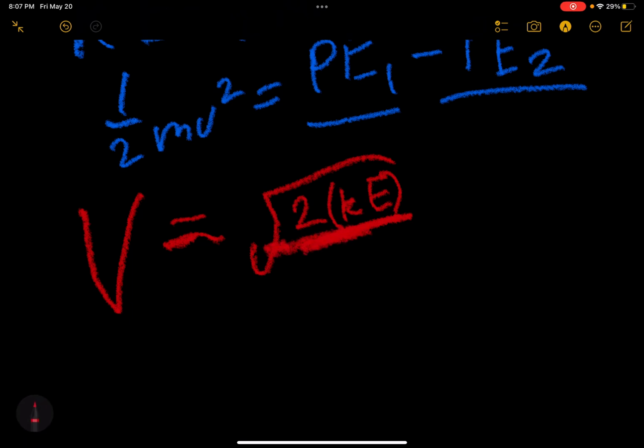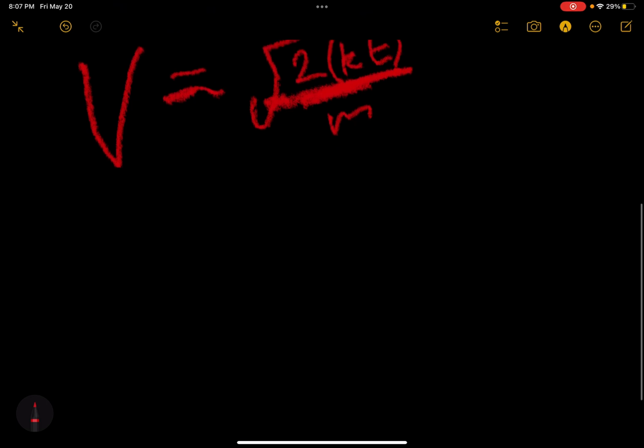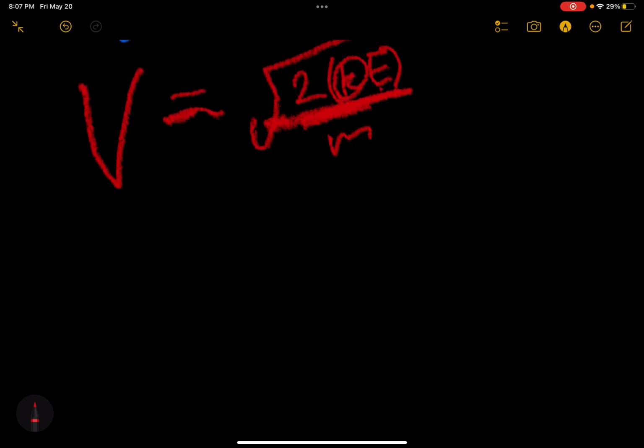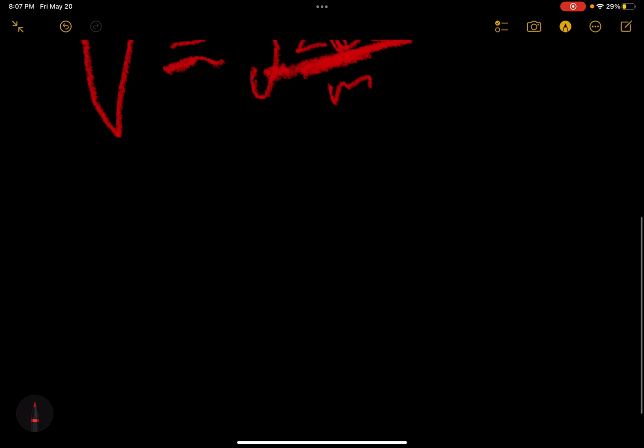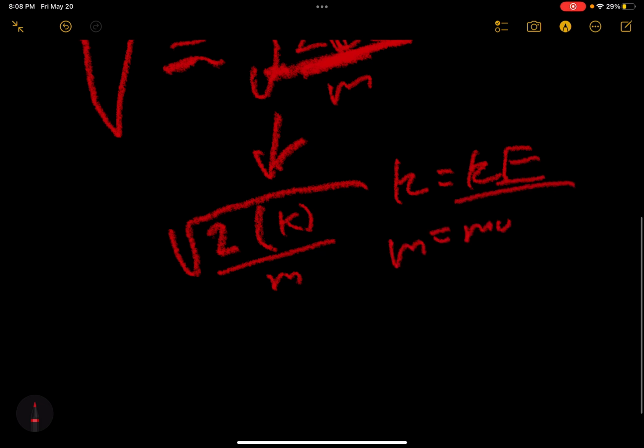So I'll show you another example: 2 times kinetic energy over mass. If you're thinking this is two variables, it's not. That's just the way I put it. In other words, we'll call kinetic energy K over mass. So K equals KE, and M equals mass. Right? Easy enough.